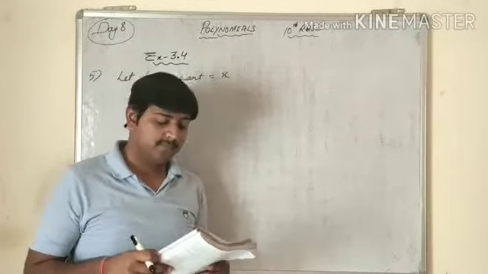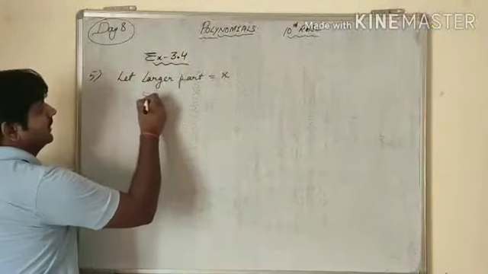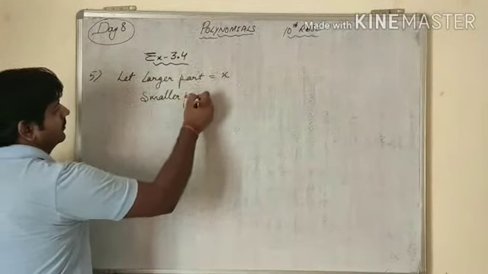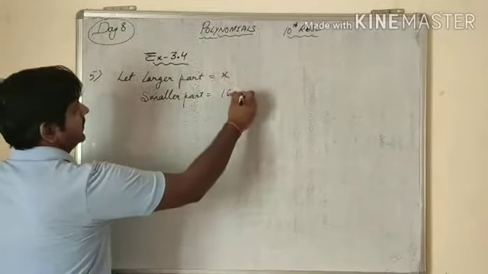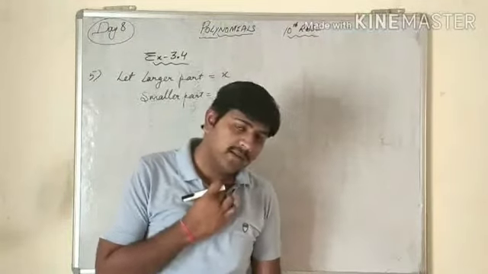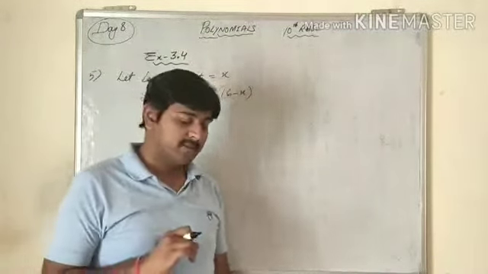So the smaller part is 16 minus x. So we have divided 16 in 2 parts. Larger I took x and smaller is 16 minus x.